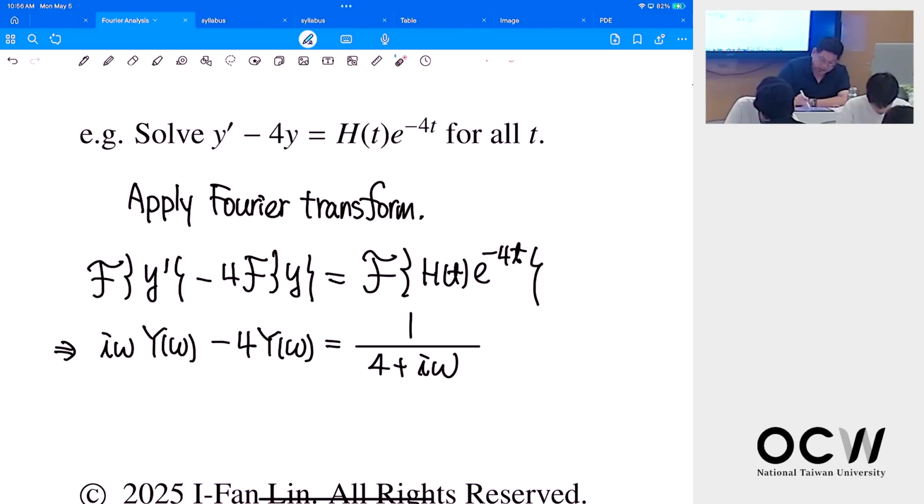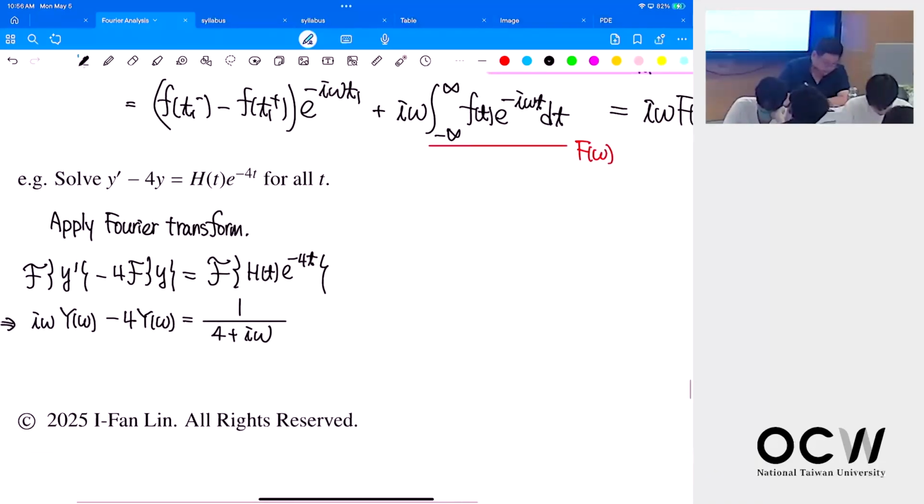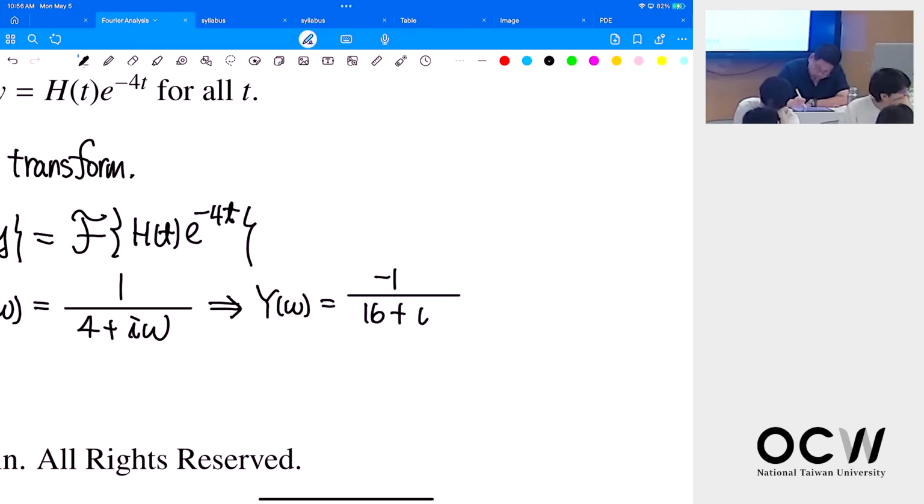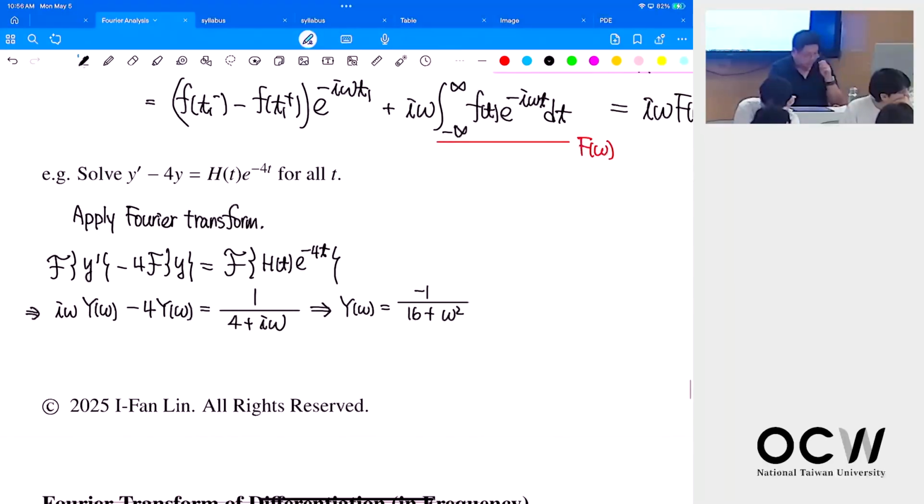So in this case, we can get the Fourier transform of y. So the Fourier transform is minus 1 over 16 plus omega squared.